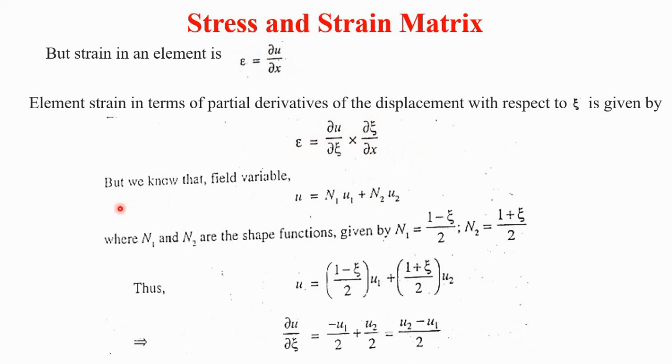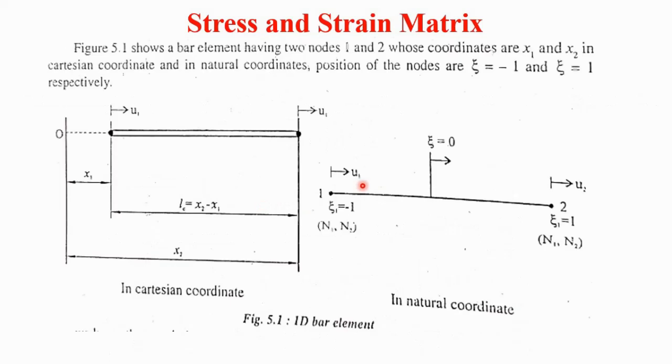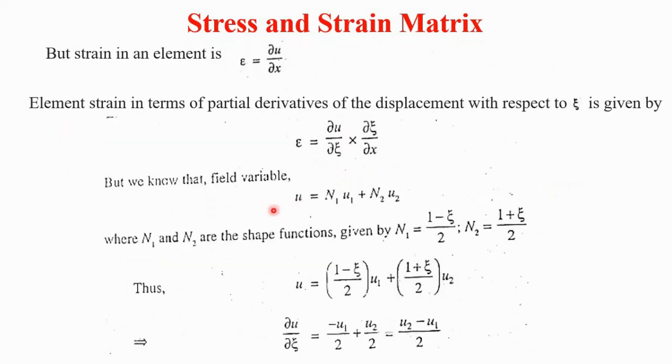We know that the field variable in this example is u, that is displacement, the displacement at node 1 and at node 2. That field variable u is equal to N1 u1 plus N2 u2, where N1 and N2 are the shape functions. In the natural coordinate system, N1 is equal to (1 minus zeta) divided by 2 and N2 is equal to (1 plus zeta) divided by 2.